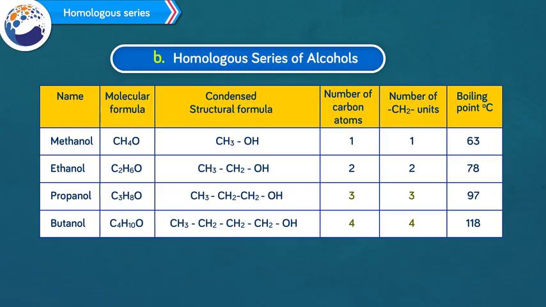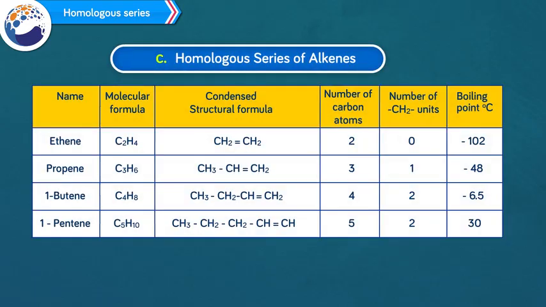Number of carbon atoms 3. Number of CH2 units 3. Boiling point is 97. Similarly, butanol with molecular formula C4H10O has 4 carbon atoms. Number of CH2 units 4. Boiling point is 118.